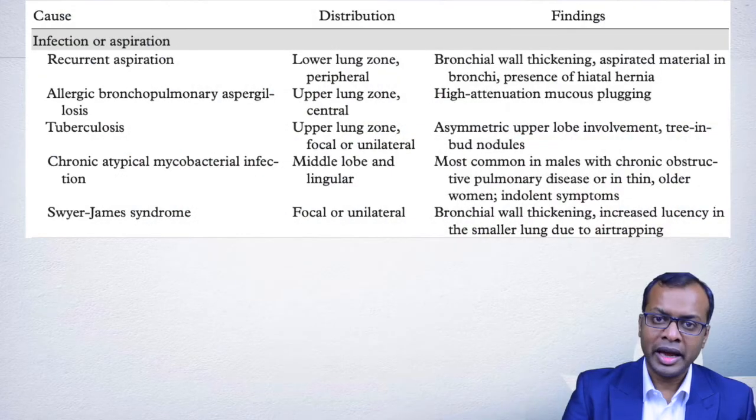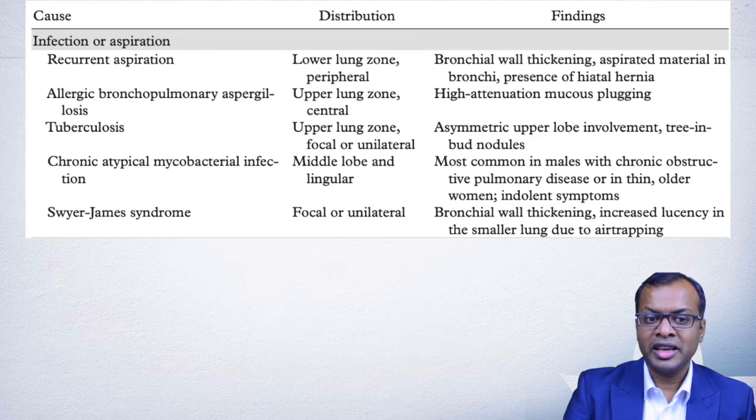Now let us look at a combination of the clinical suspicion along with distribution of bronchiectasis and try to look at some of the cases of real-life bronchiectasis. If you are thinking of infection or aspiration-related pathologies, you are often looking at a lower lobe or lower lung zone distribution with aspiration.